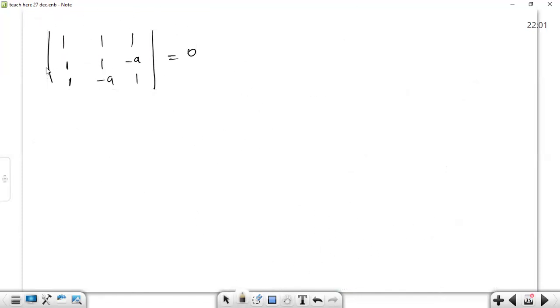Let's do it fast. 1 into 1 minus a into minus a, that is plus a square, minus of a into minus of a into -1. Okay, minus a into -1, plus 1 minus of a to minus of a, that should be 0.